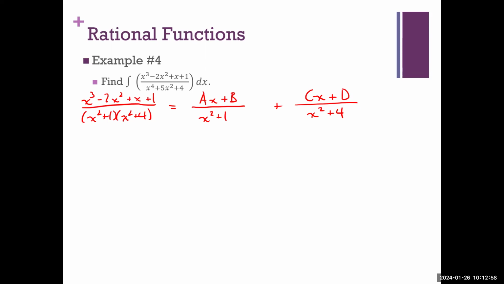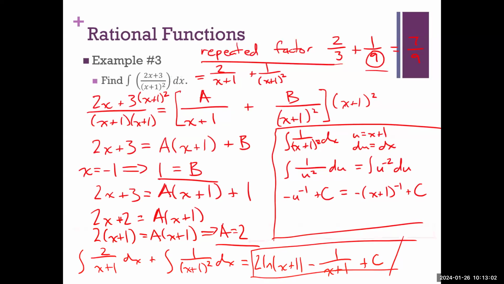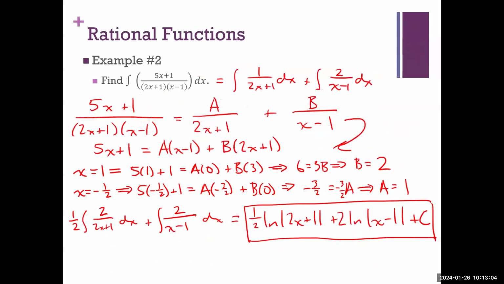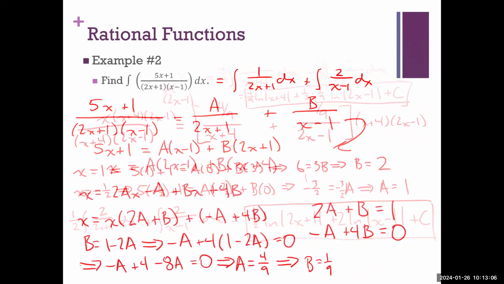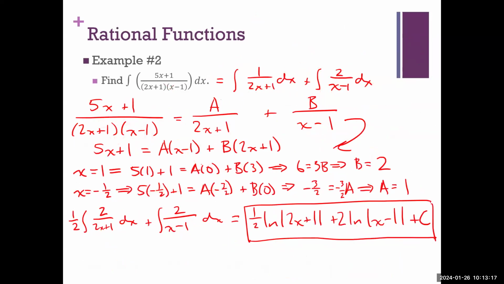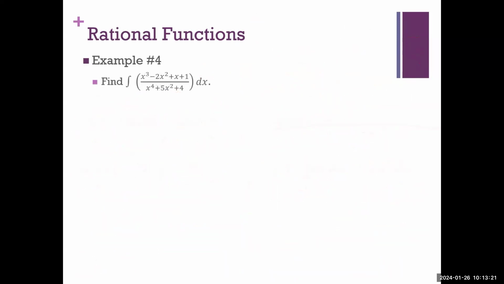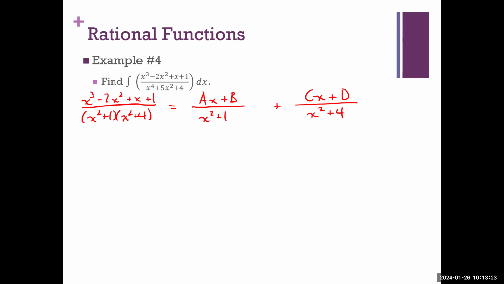So the big idea here is that everything I've given you so far, we've started from this place: the degree of the numerator is smaller than the degree of the denominator. So degree 1 versus degree 2, degree 1 versus degree 2, degree 1 versus degree 2. And here, what's the degree of the numerator?